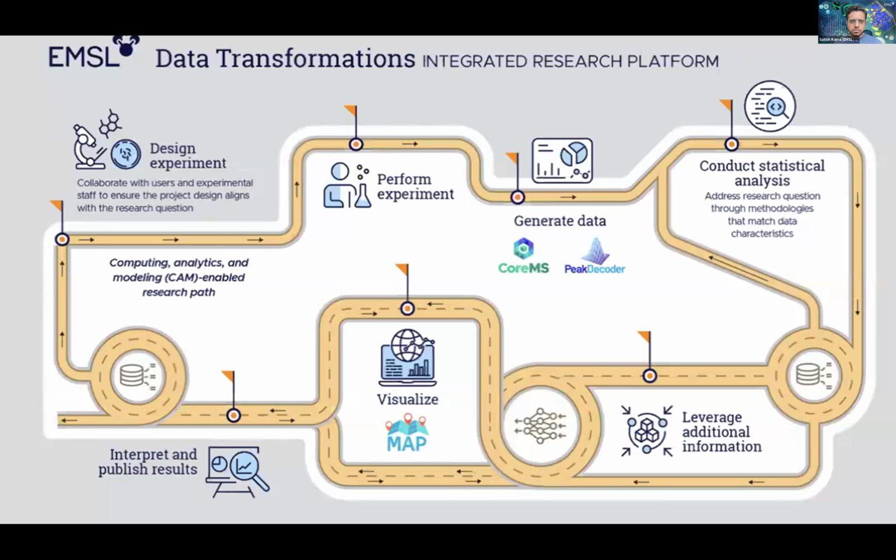So to give you a flavor of how the data transformations IRP can interface with different steps along a project or experiment life cycle, I wanted to walk through this diagram with you. And this really begins with experimental design. So depending on the complexity of the experiment and the types of analytics that are of interest, this can end up being extremely collaborative.